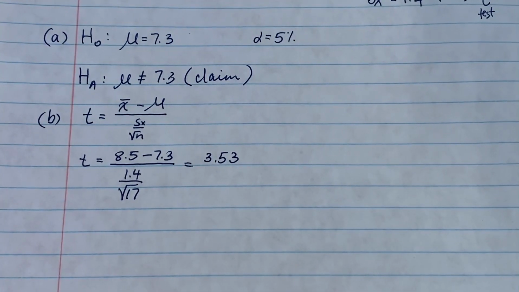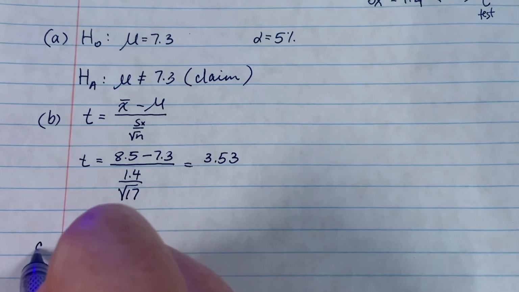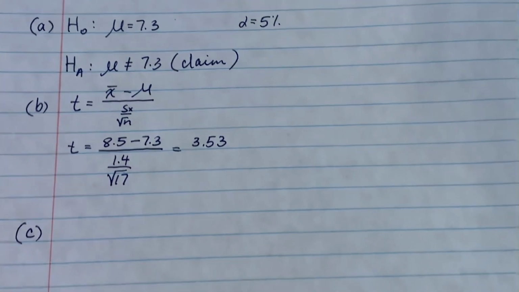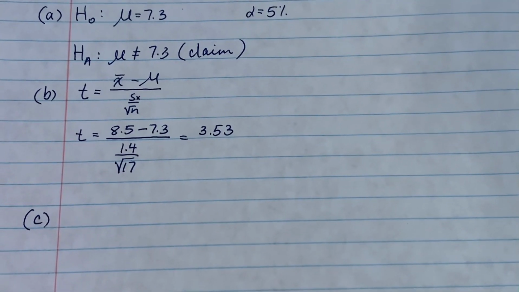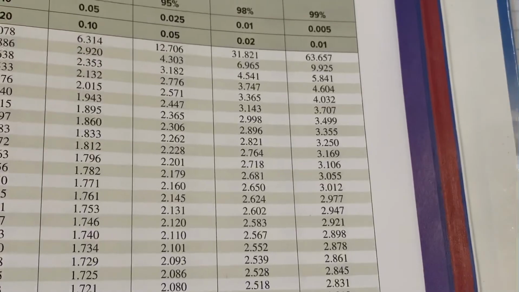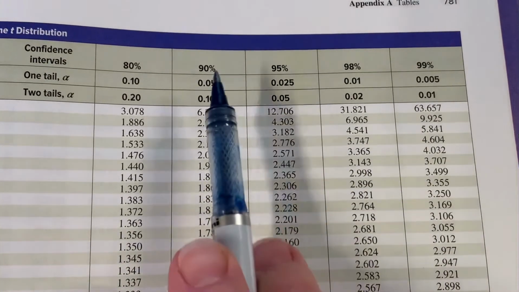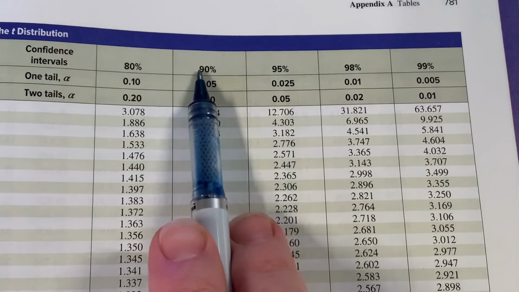Now we need to find the interval for the p-value. T-tables are not as detailed as your z-tables. When you open your t-table, whether in the book or online, it only has certain levels.